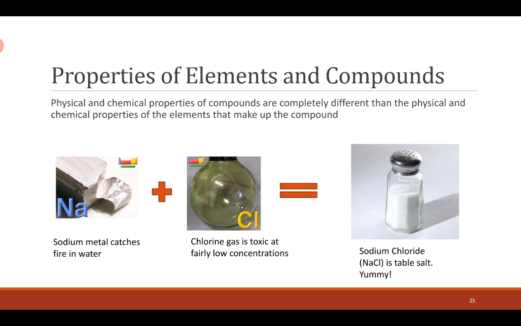Chlorine gas is a diatomic gas that is toxic at fairly low concentrations. Once the sodium and the chlorine react together, though, they make an ionic compound known as sodium chloride that is completely edible. We put that on food. It's known as table salt.